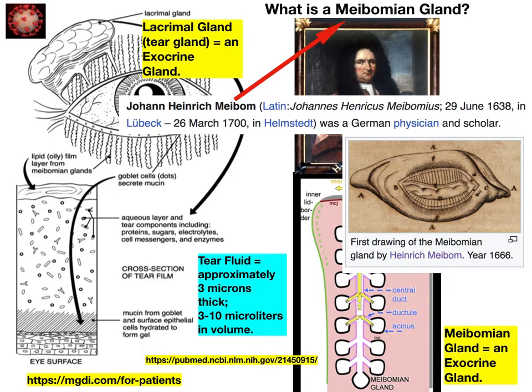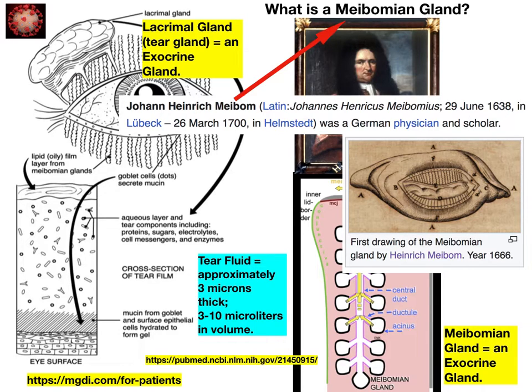Now, a sidebar comment on how this name was derived. Note that the German pronunciation of this individual is Johann Heinrich Meibom. In the late 1600s, the language of science and mathematics was Latin. And that was because world scholars needed a common language in order to be able to communicate. This was especially true for the emerging modern fields of medicine and anatomy.